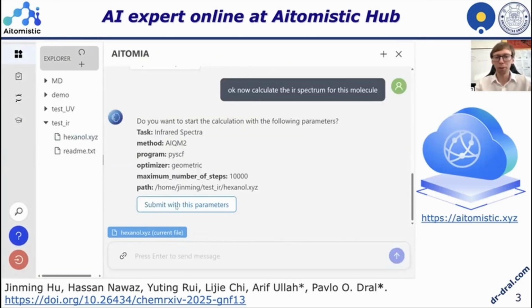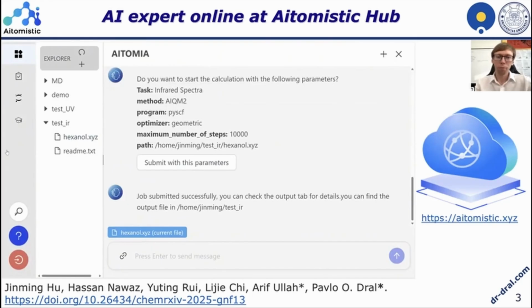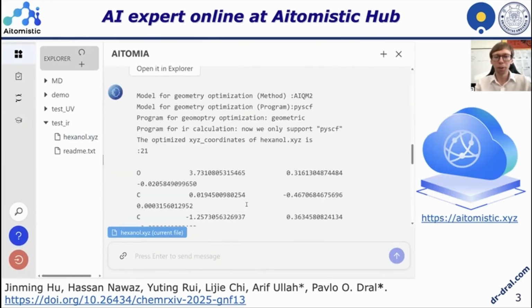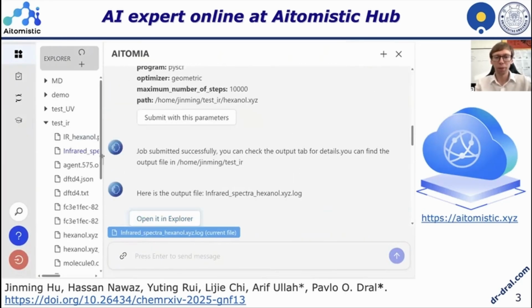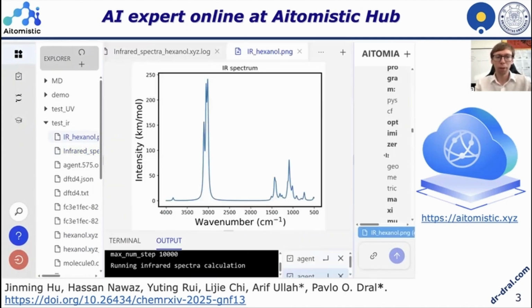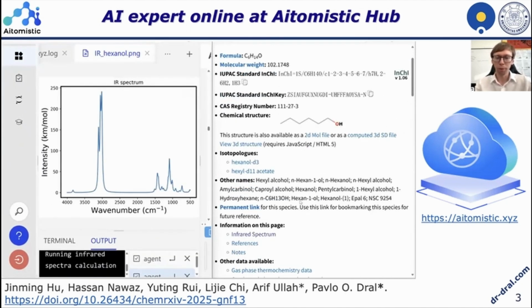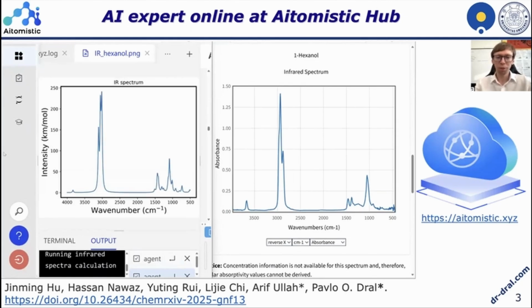So after some thinking, it asks the user to confirm the calculation parameters, and then you finally see the spectrum generated for the user. So here you saw that it was all done in natural language and easily understandable even for beginners in quantum chemistry. So anyone can talk with it.